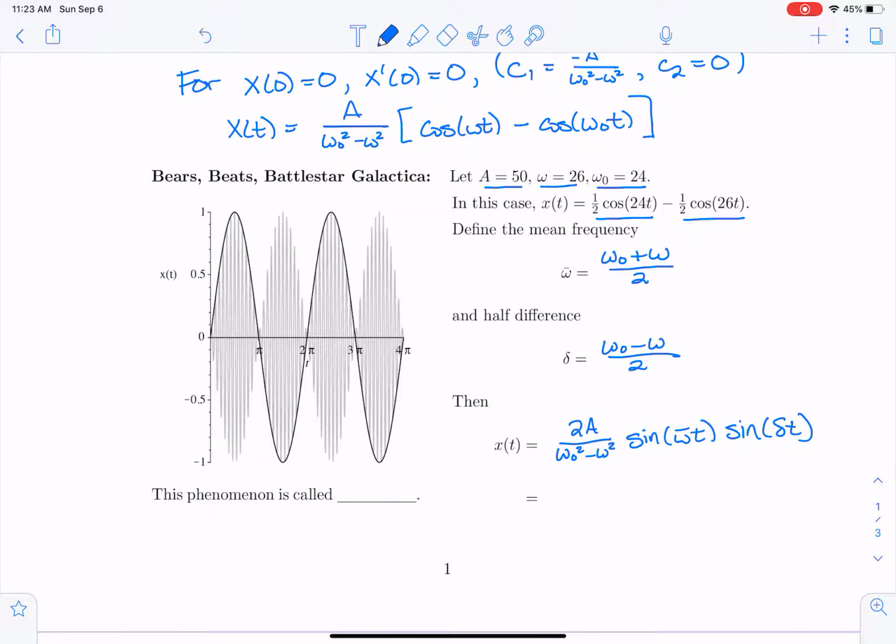I really encourage you to read through the textbook and see how you can convert a solution of this form into a solution of this form, using a trig identity for sine omega bar t times sine delta t.